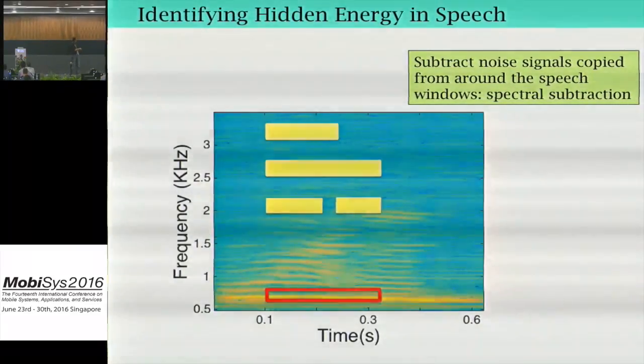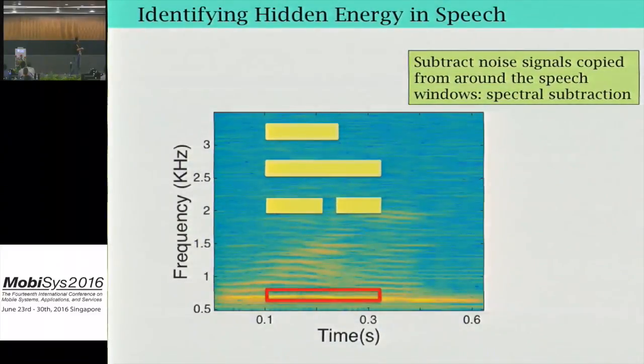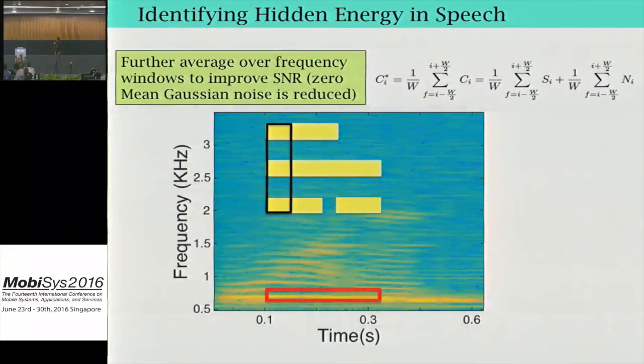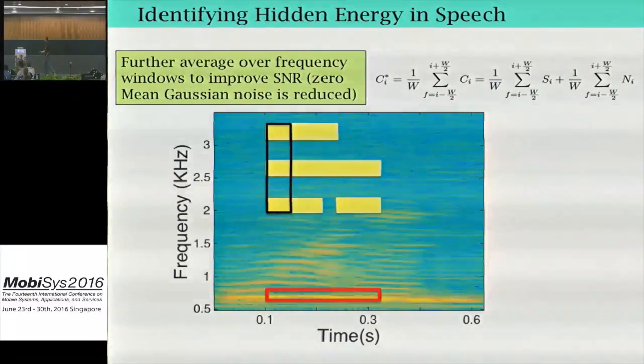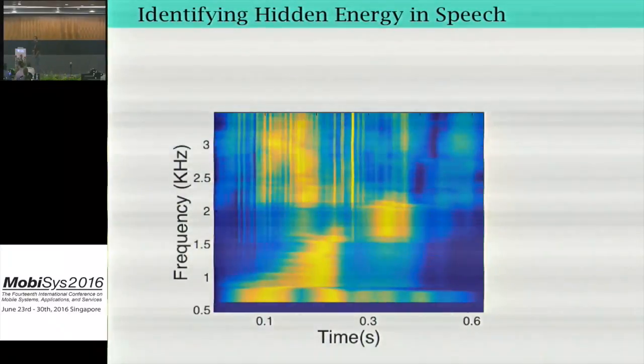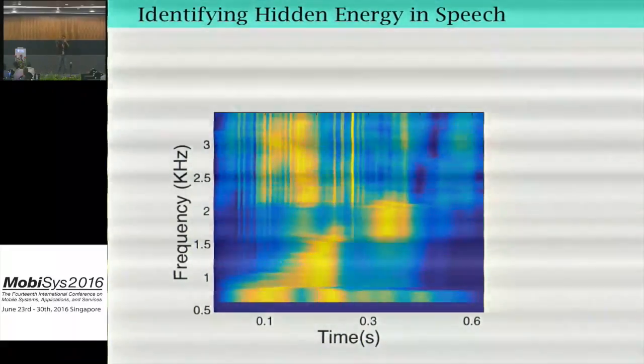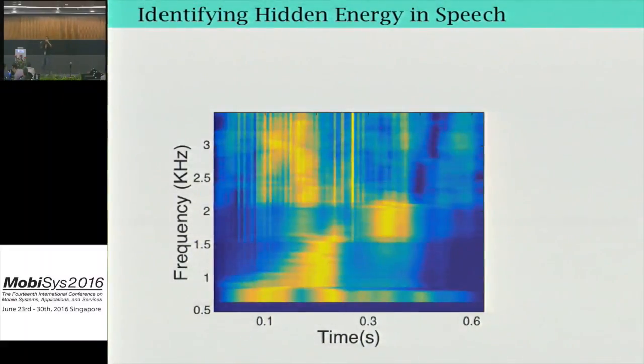So we take some of the noise from the sides of this signal and subtract that noise from the entire signal where we know that there is human signal, and that is called spectral subtraction, and there are standard textbook formulas to do it. It's not at all difficult, and once you do that, you come to a situation like this where you have a rough, erroneous idea of where the human speech is in the time frequency spectrogram.